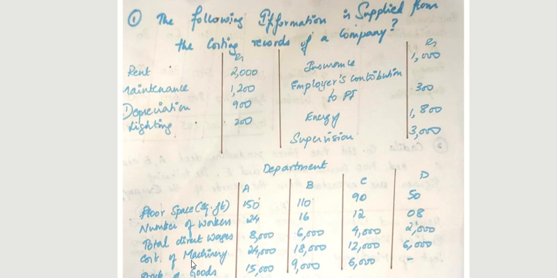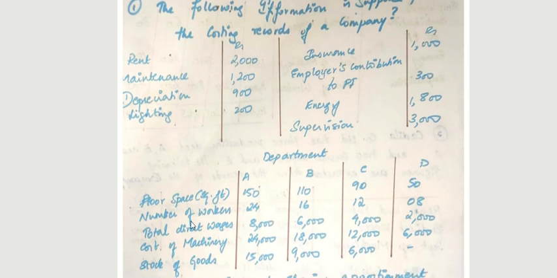So like that, each expense you should apportion based on the basis that they have given in the question, whichever suits that particular expense. So lighting can always be based on your number of light points. In the question, if you see, we don't have the number of light points given as a basis. So that can be apportioned based on floor space.